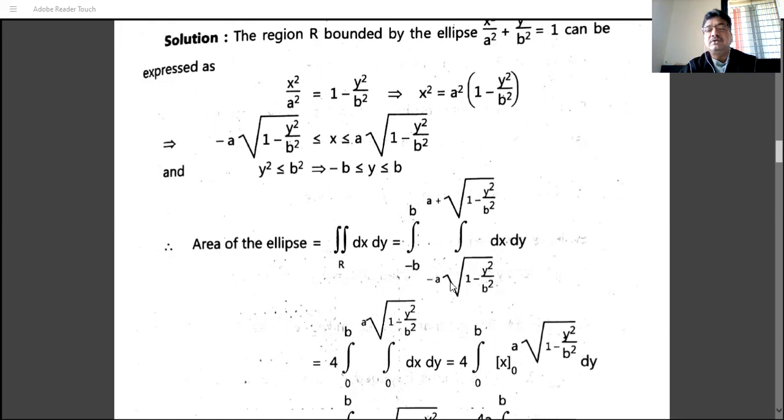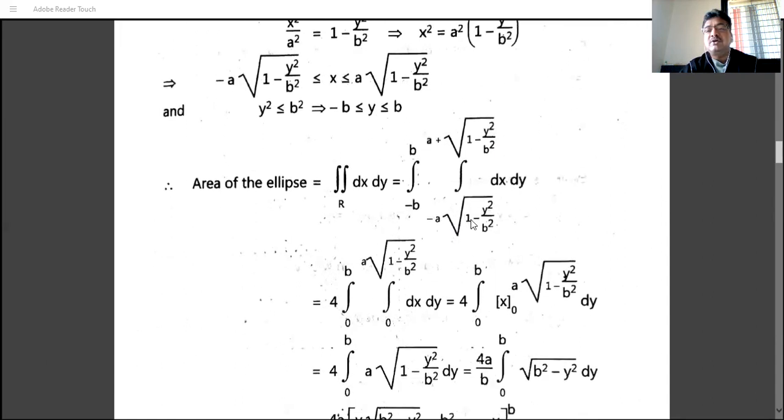Okay, and so the limit of x is from minus a root this to plus a root this, and here the limit of y is from minus b to b. Now x is in terms of y, so we have to integrate with respect to x first.